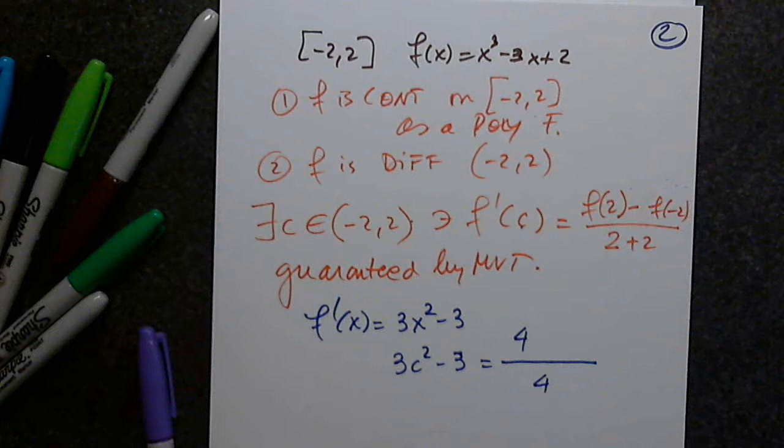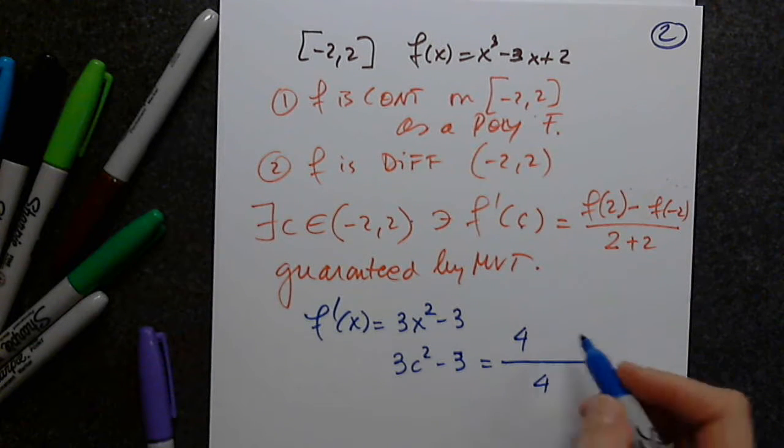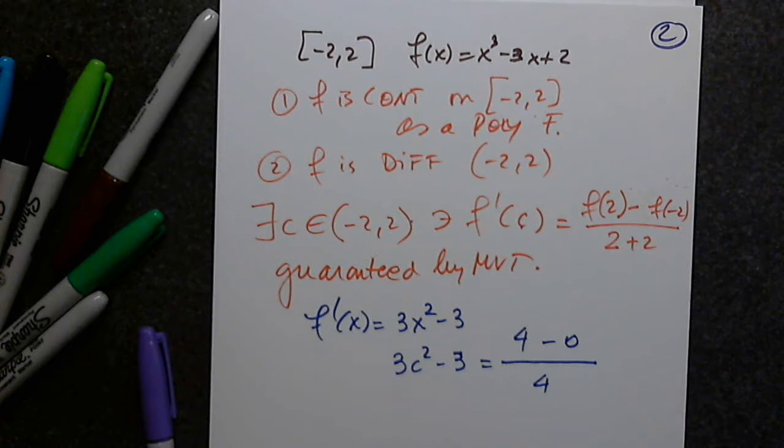And plug in negative 2: negative 8 plus 6 plus 2, I think I get 0. Correct me if I'm wrong. So I determined f of 2 by plugging in the function, and I got 4. I plugged in negative 2 in the function, I got 0, and then 2 plus 2 is 4.